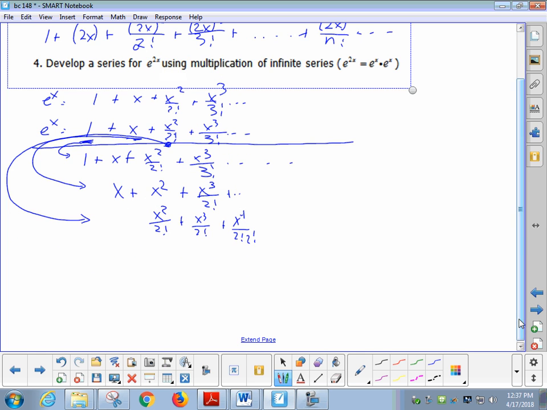I wasn't quite sure if I was going to even see the pattern, quite frankly. 1 plus 2x, that was going nice enough. What's the total here? 1 half x squared plus x squared plus 1 half x squared is 2x squared, yeah?